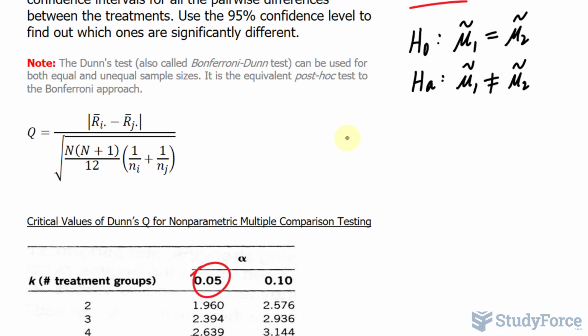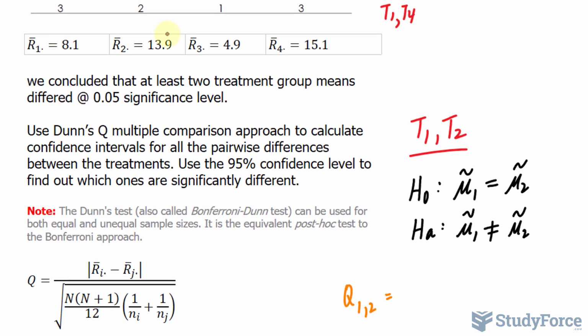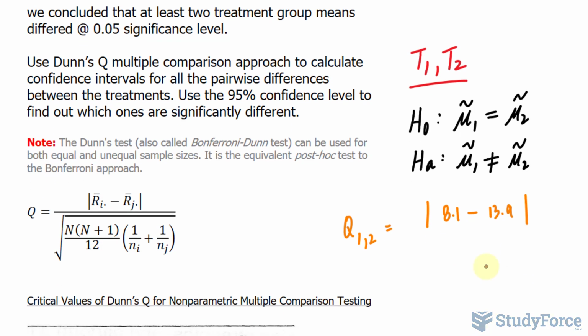Let's calculate Q. Q for treatment 1 and 2 is equal to, let's look at the rank means, 8.1 and 13.9. 8.1 minus 13.9, and they are surrounded with these absolutes, which means that if our difference is negative, it becomes positive.